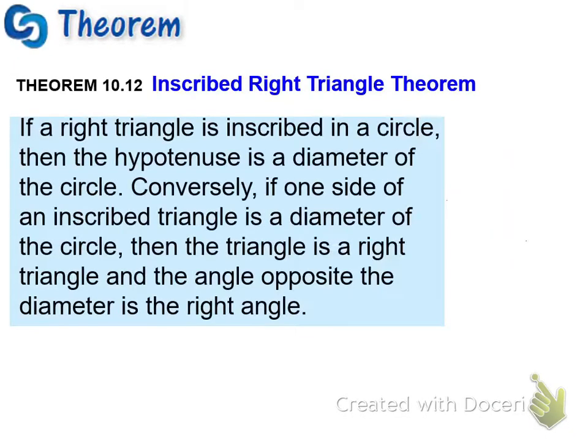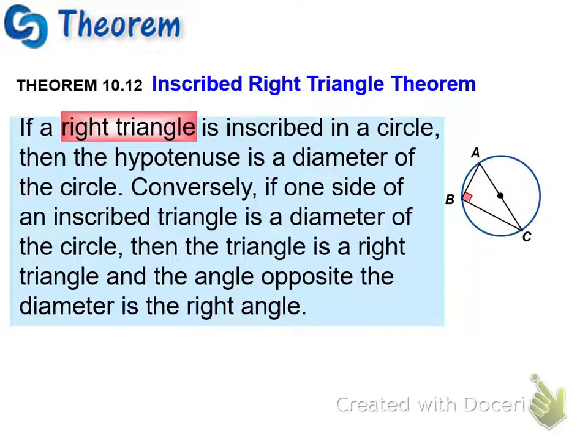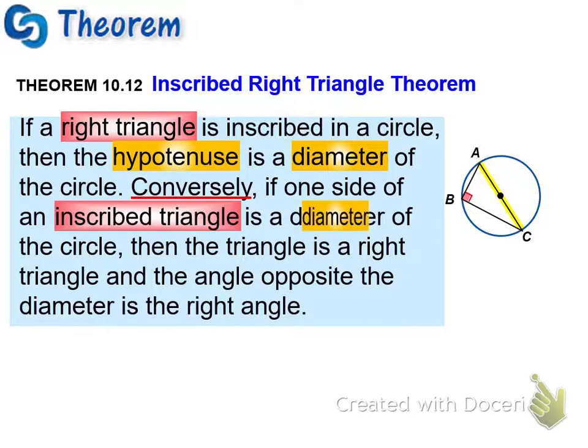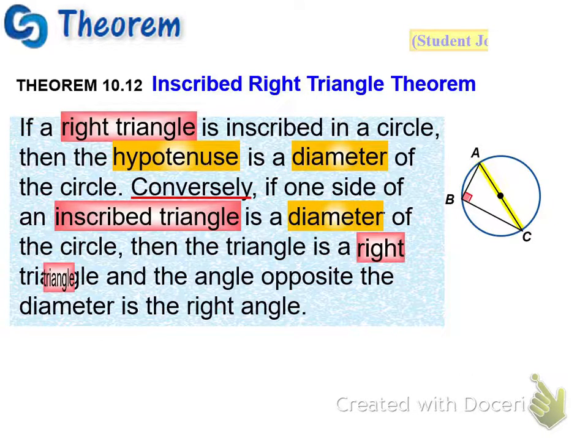Maybe that was next door. An inscribed right triangle. Essentially, if one of the sides of a triangle is the diameter, it's going to be the hypotenuse. So go ahead and highlight. You already have this definition written? Yes, no, maybe so? I would highlight hypotenuse and diameter.